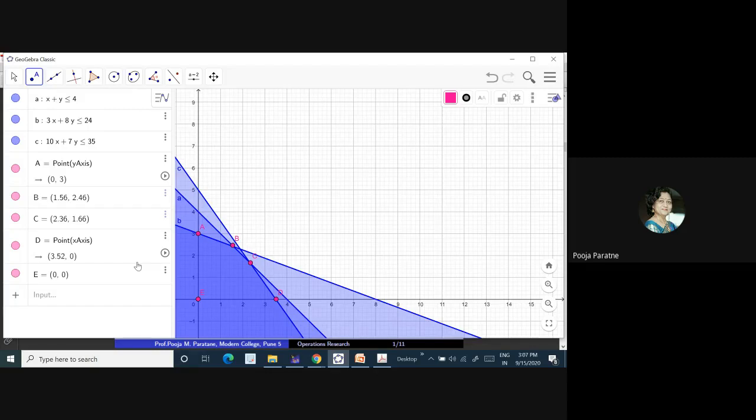So now as soon as we get this feasible region, we will proceed further to find the coordinates of all the vertices. So let us go. Among these 5 vertices, we have to calculate only 2, B and C. Let us see how we can calculate it.